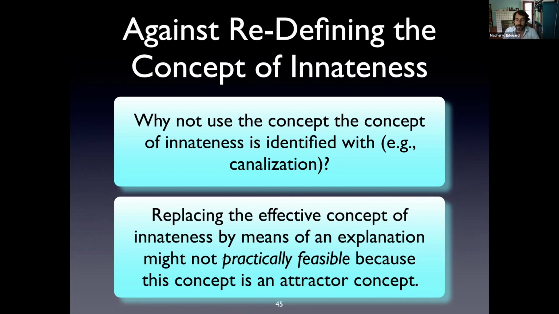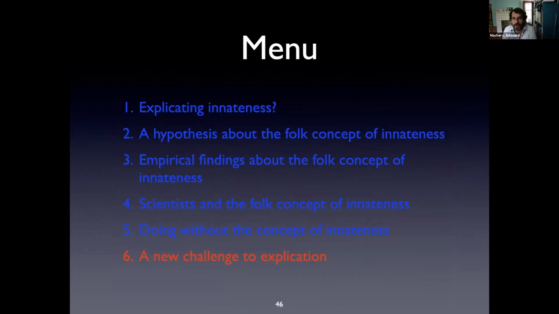So when a concept is an attractor concept, then it's going to prevent any explication from being successful. It's not going to lead to the replacement of the lay concept with the explication itself. So that's the reason why we think that the concept of innateness should be eliminated.